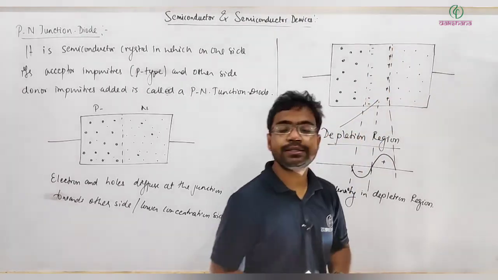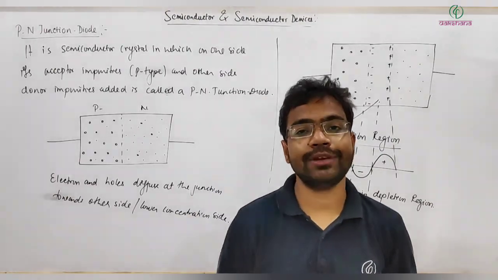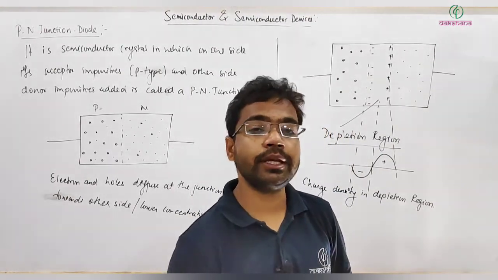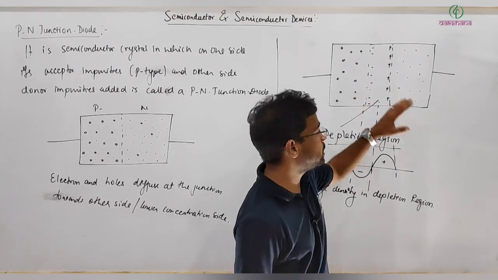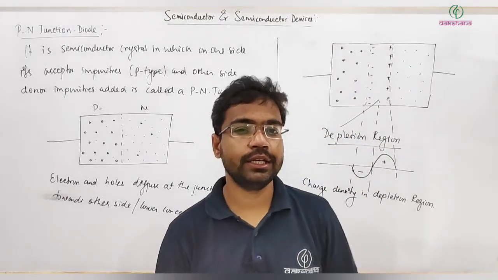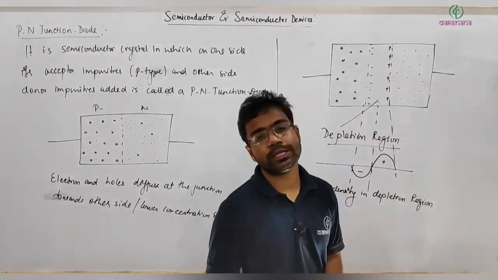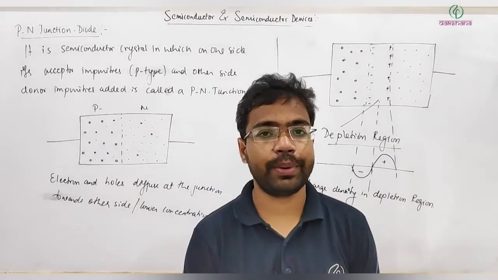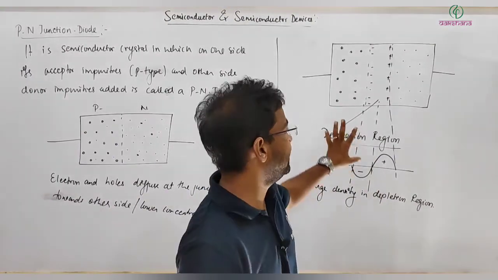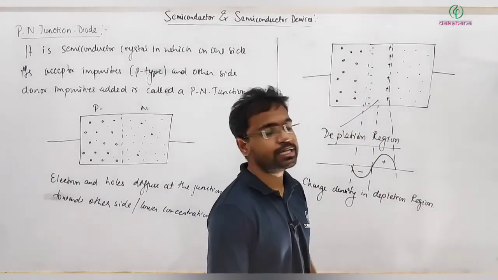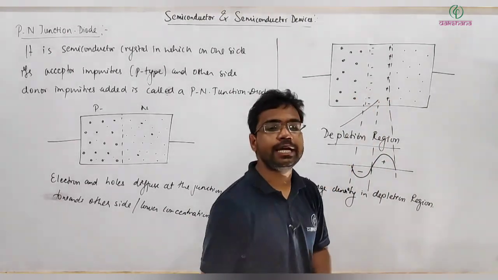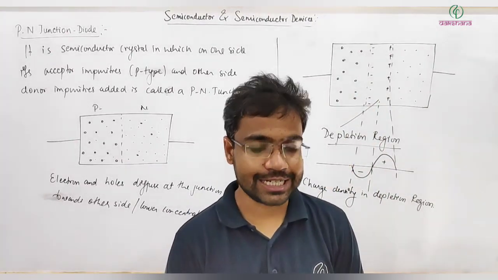So after some time equilibrium will arise and the diffusion of holes and electrons will stop. Understanding? Finally we have this p-n junction with a depletion region in the center.